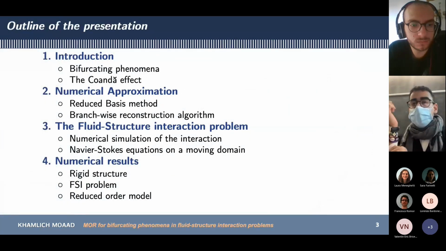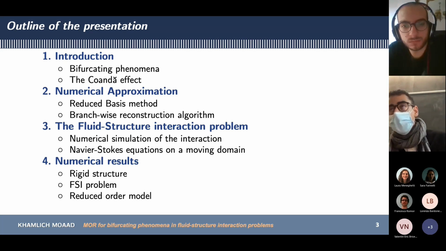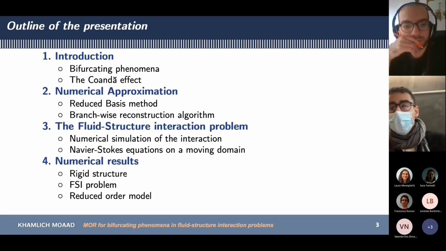Before starting, here is a brief outline of today's presentation. I will begin by introducing the theory of bifurcation theory and the Coanda effect. Following, I will introduce some of the necessary elements to understand the algorithm that I've used for the bifurcation analysis.